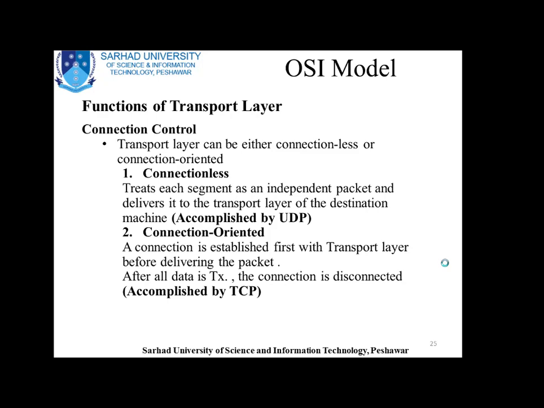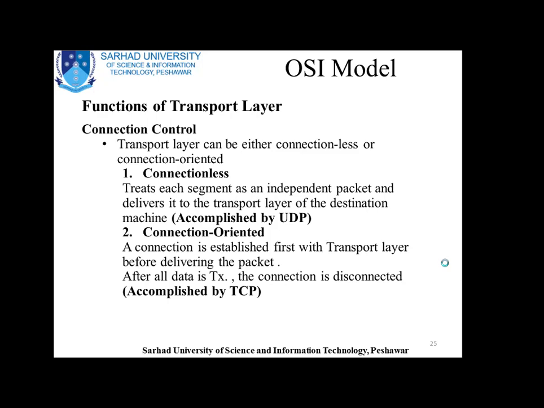Another important function: as we have already discussed, the transport layer is the bridge, so it has to ensure reliability and work with both ends. To make it a good and reliable communication, the function is known as connection control. The communication between a transmitter and the receiver can be done in two ways: connectionless and connection oriented. Connectionless means that the transmitter does not have to establish or dedicate a fixed path towards the receiver.